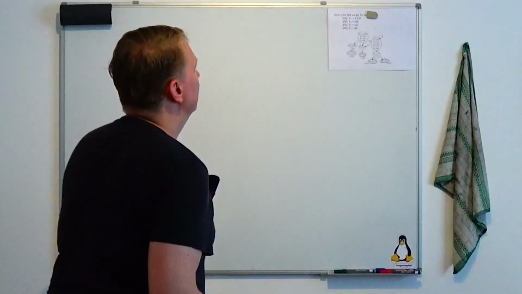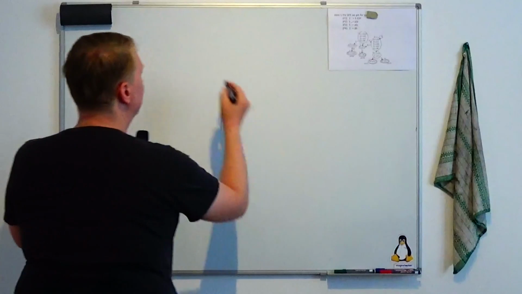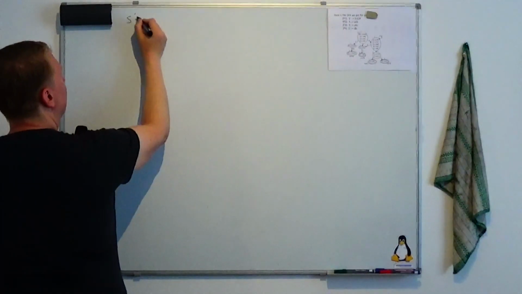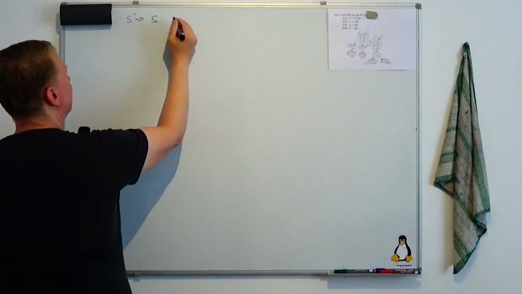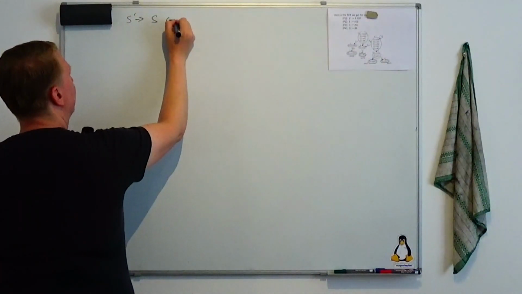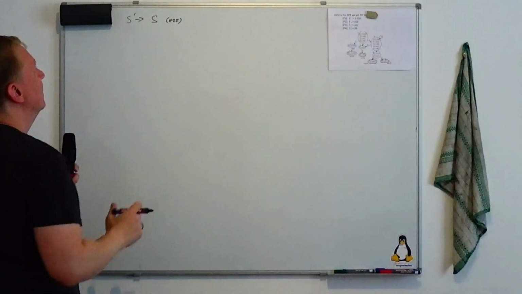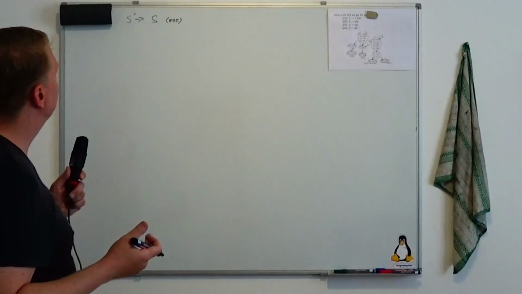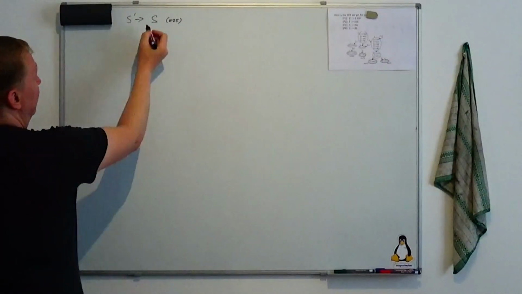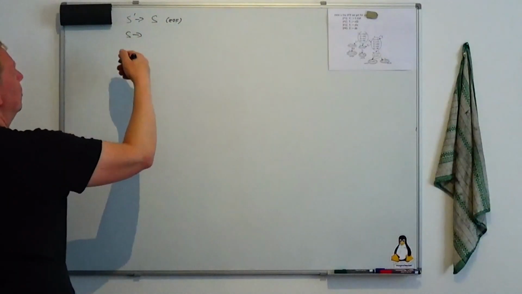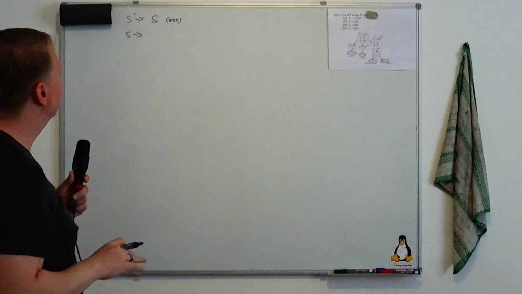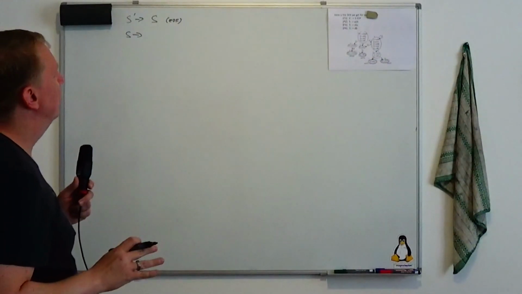Okay, so let's say this is our grammar. S prime goes to S and then an EOF, end of file. This is a trick that people use in compiler construction, that they replace the S with an additional new S, and that solves some more problems, but I don't want to go into that.